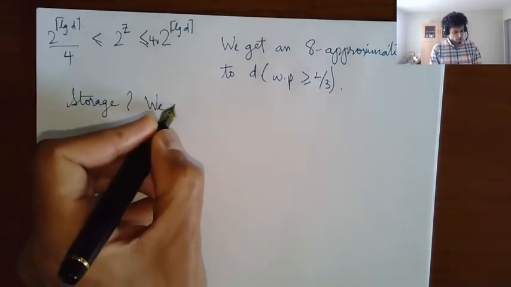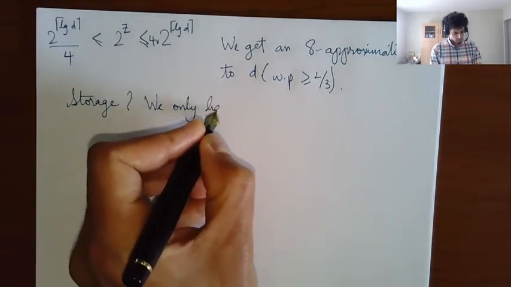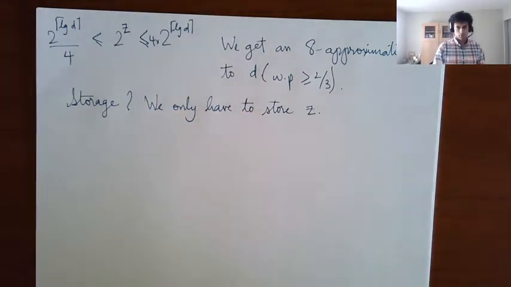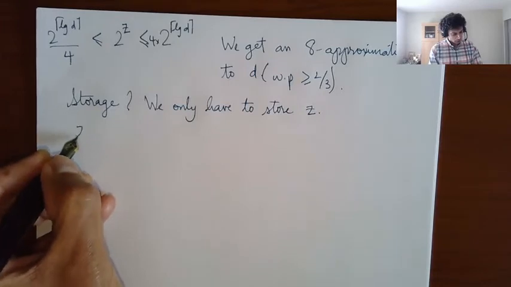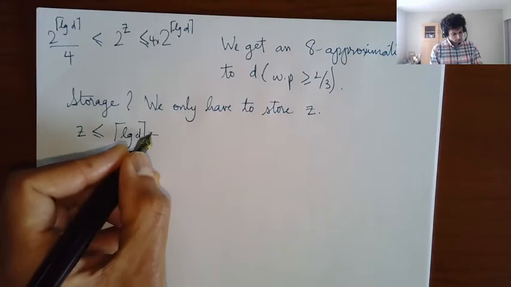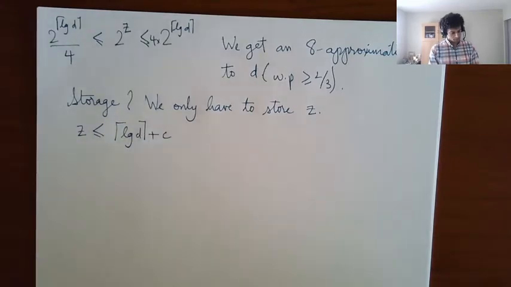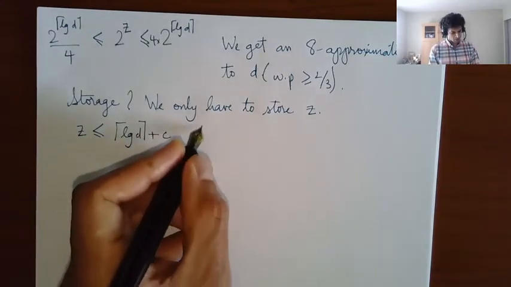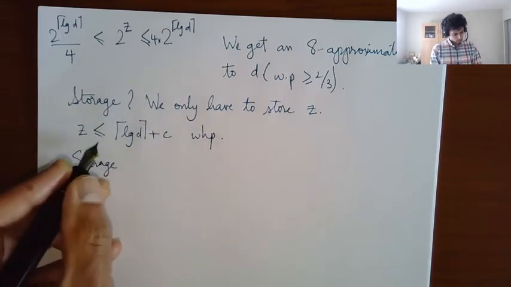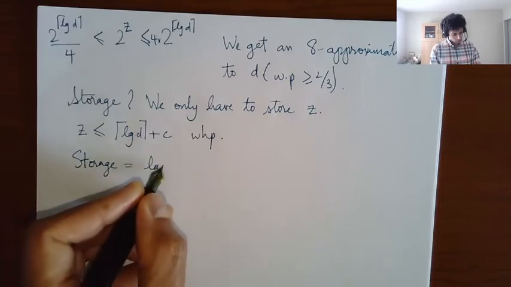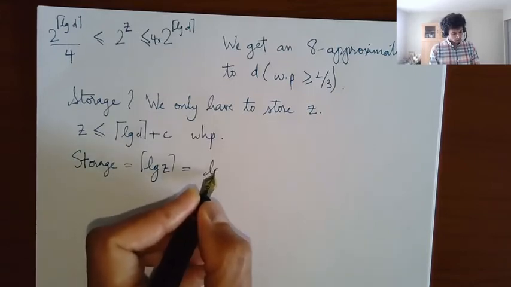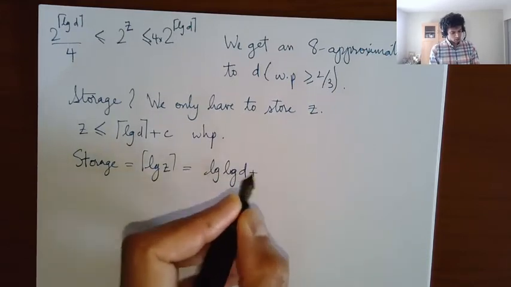And the storage. So we only have to store Z. And we know that Z is essentially going to be less than log D plus some constant C, with high probability. And so the storage is going to be the log of this, at most log Z, which is essentially log log D plus some constant.